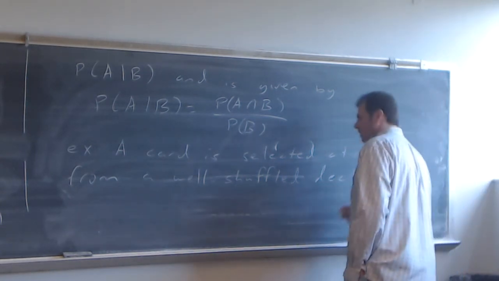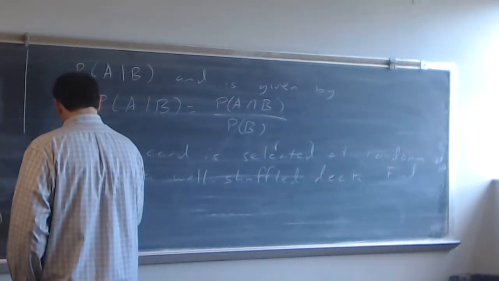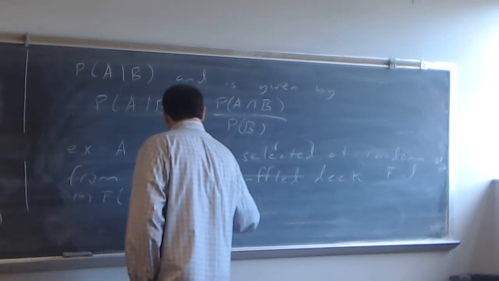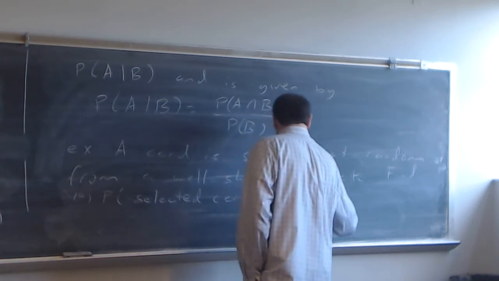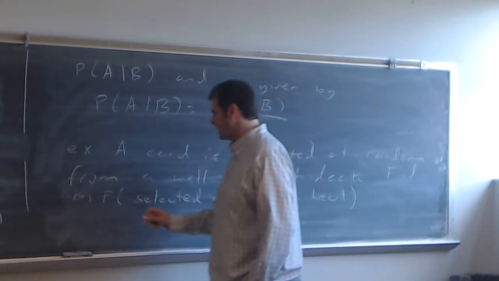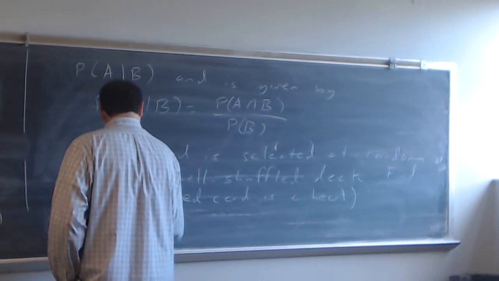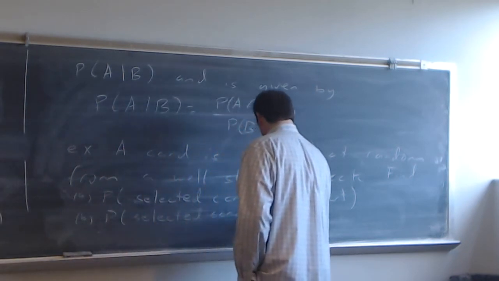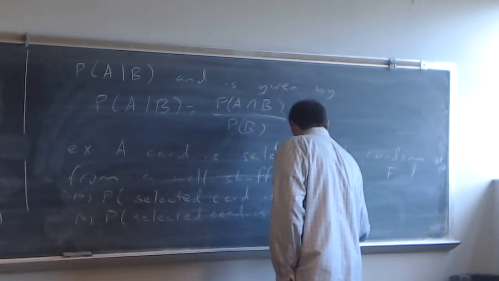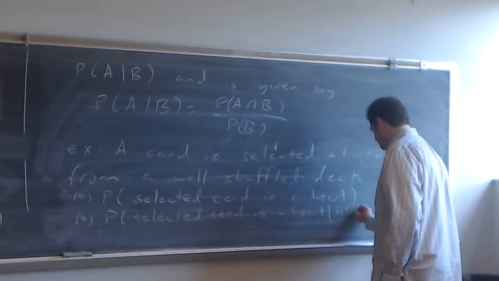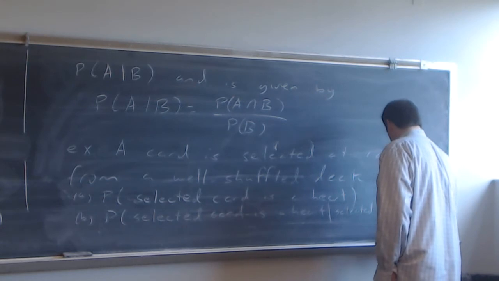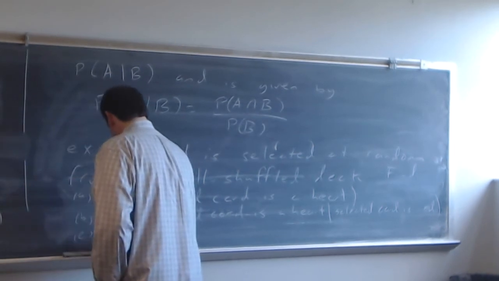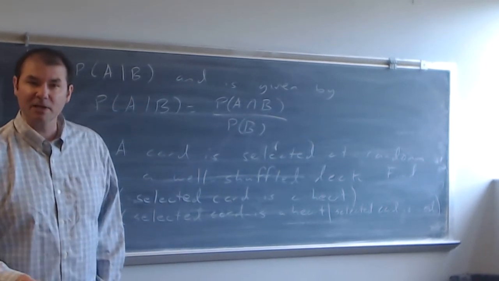Part A, the probability that the selected card is a heart. B, the probability that the selected card is a heart given that the selected card is red. So the given part is like additional information. So conditional probability has to do with knowing a little bit more information.